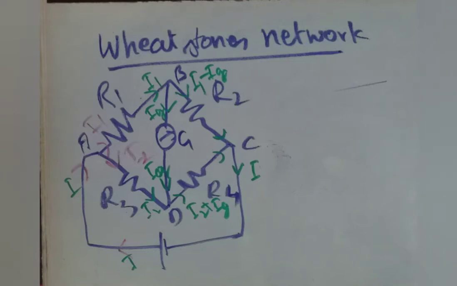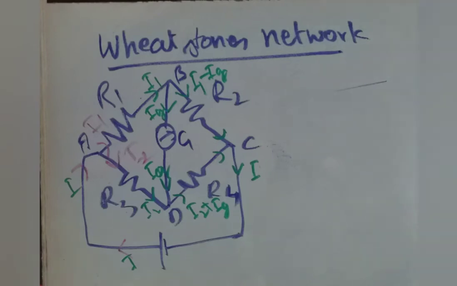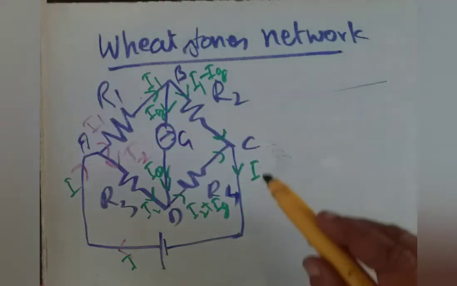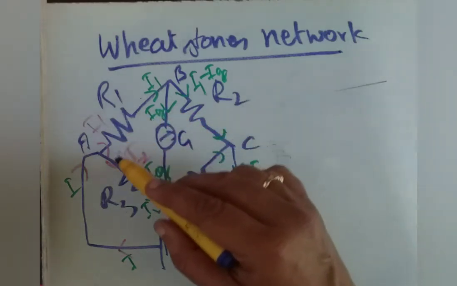In fact, many students say only current I1 minus Ig, which is flowing through R2, changes when you change R2, or that current Ig and I1 minus Ig change. But observe, these are all interconnected resistances. Even if you change one resistance here, current throughout the circuit changes.